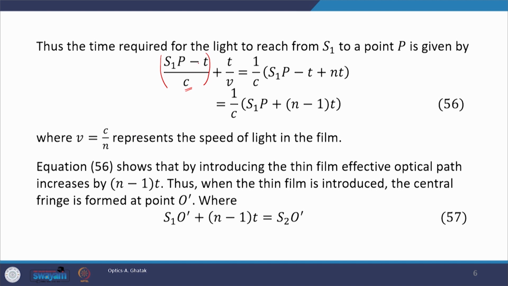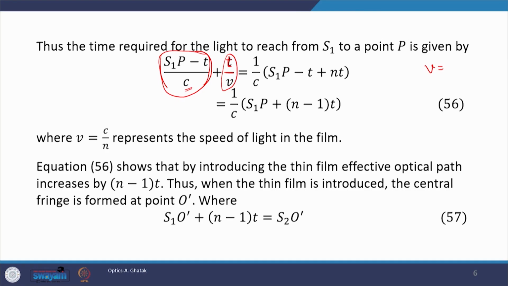This is the time the ray takes in travelling the air path, but apart from air we have inserted a film of thickness T. Therefore, there would be some extra time, and how to calculate this extra time? Again, it is the thickness of the film divided by the speed of light in the film, which is denoted by V. V is the speed of light in the film of refractive index n.